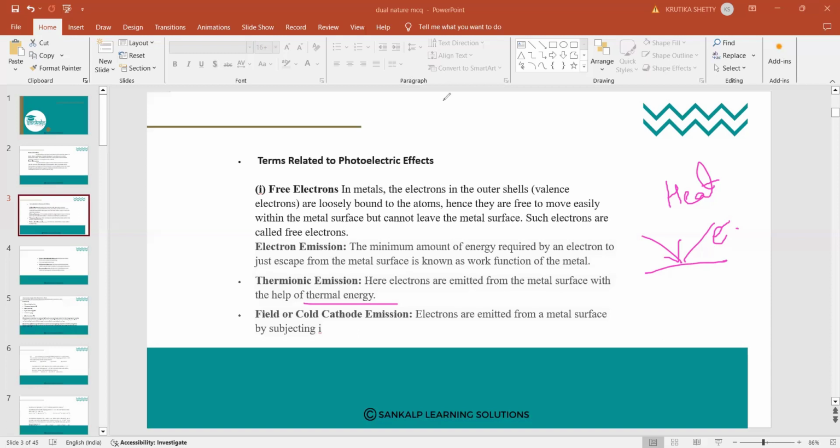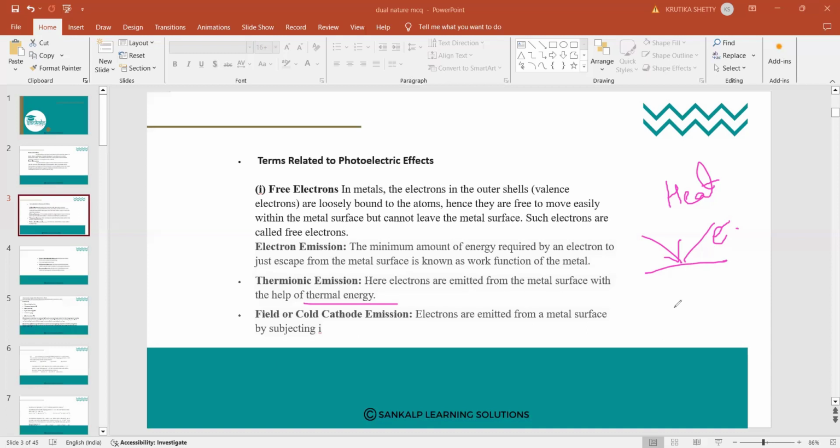So as the term indicates, when the metal surface is subjected to a strong electric field, whatever emission of electrons we observe by that is called field or cold cathode emission.